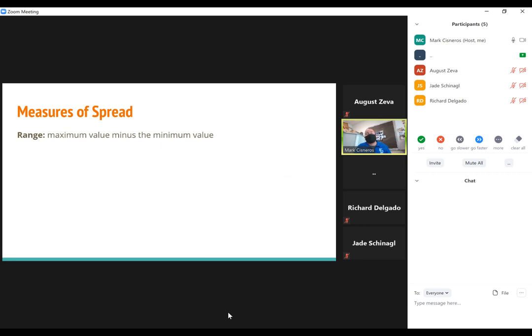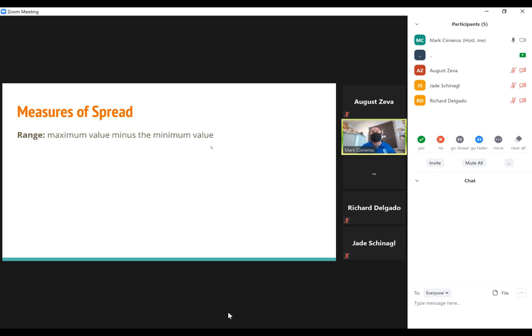What's 91 minus 4? 87. Okay. So 91 minus 4 would be 87. That's the range of data.